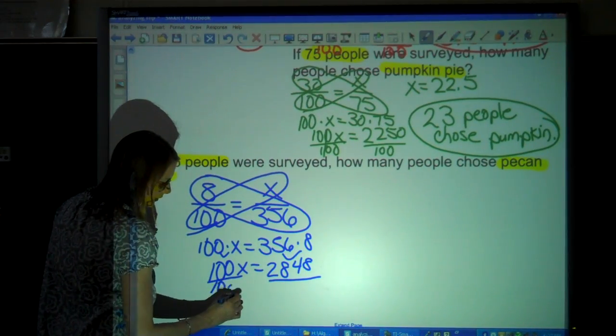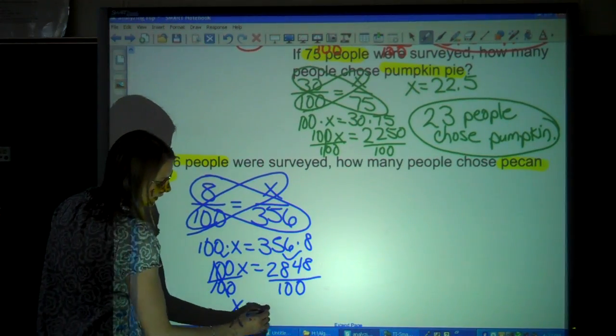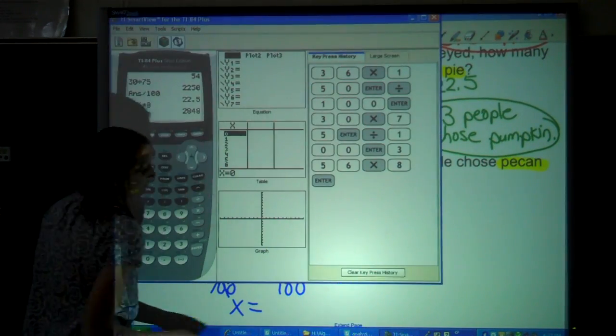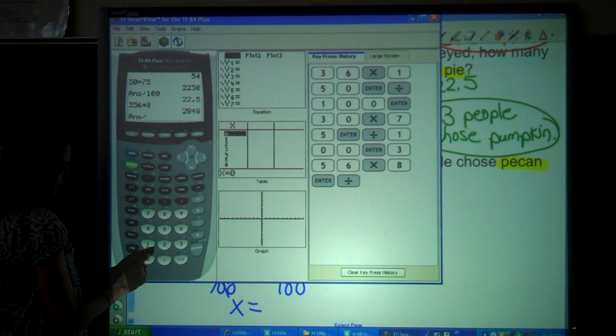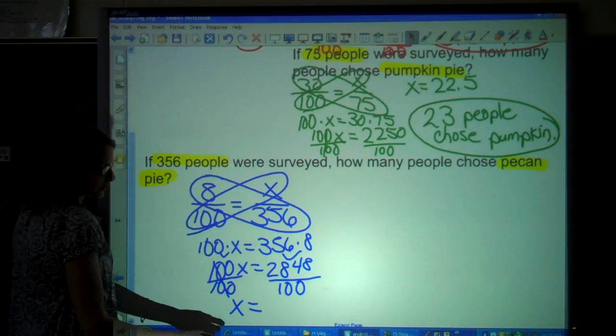Divide by 100. Cancel out, and I get 28.48.